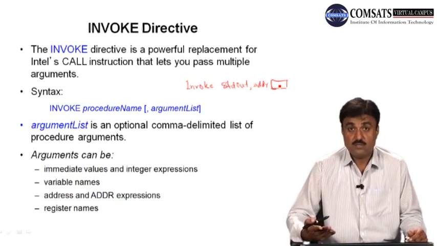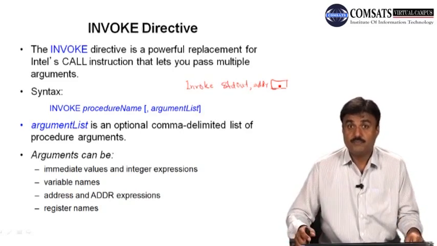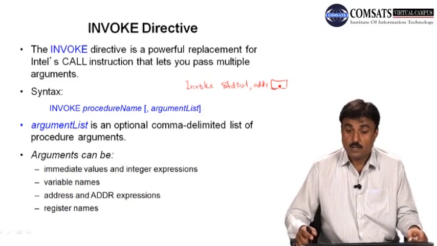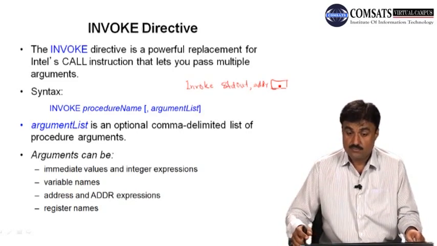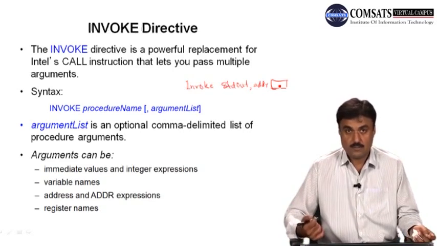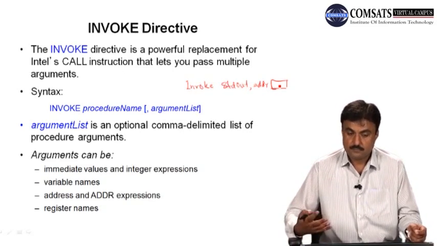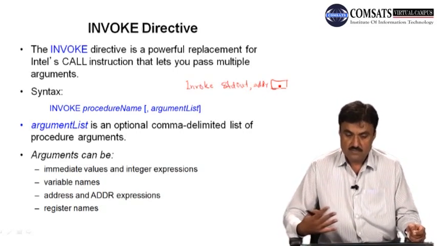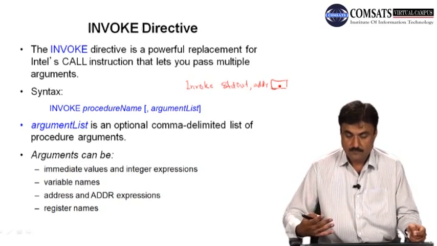This invoke directive is a powerful replacement for the Intel call instruction. So we can use the invoke directive instead of the call instruction. What is the difference between these two? We'll discuss right now.